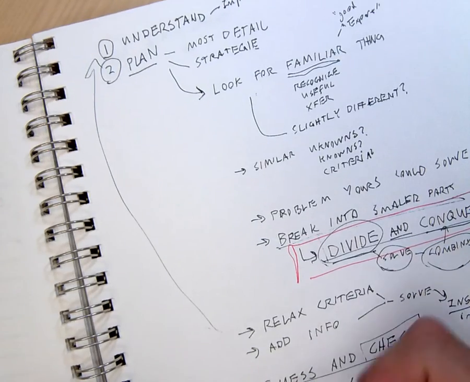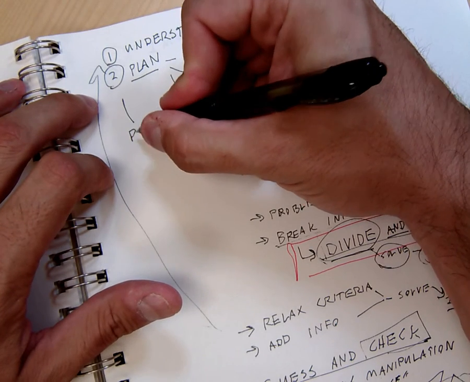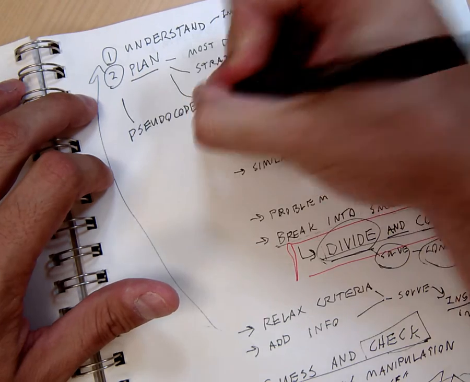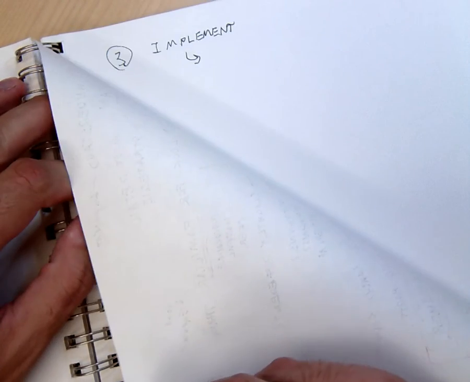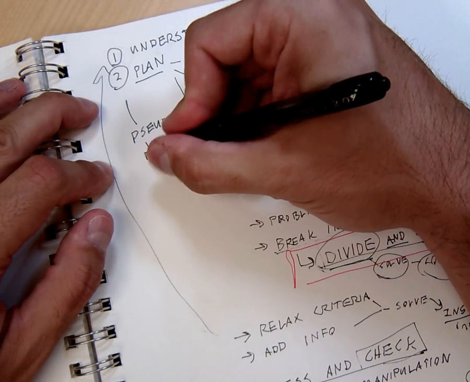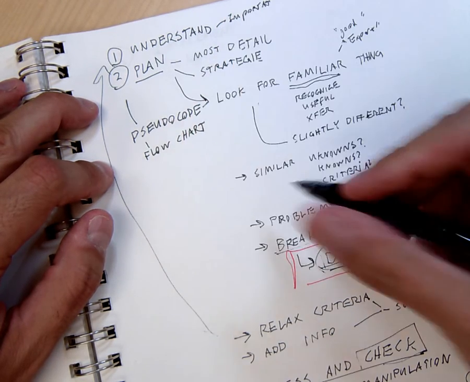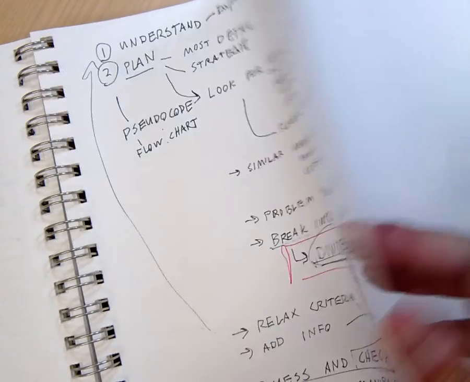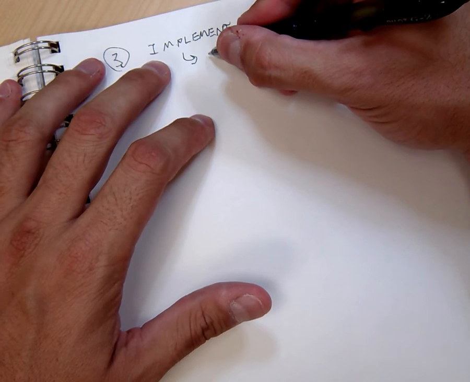In step 2, you might have perhaps some pseudocode, which we're familiar with from the previous chapter, although I would argue that might even be down to step 3. Or a flow chart idea, a diagrammatic version of this going on. And here you might turn this into actual code.